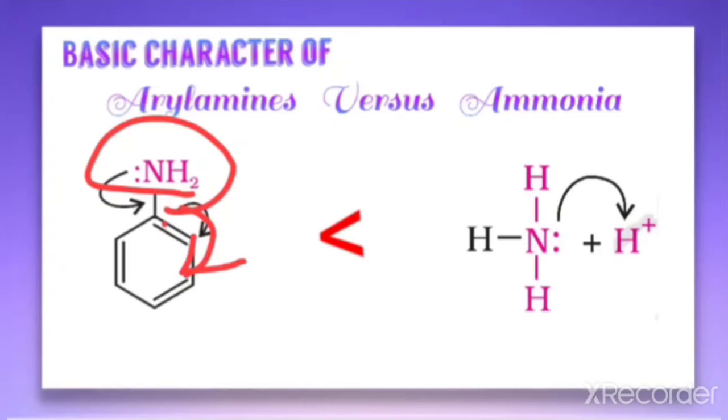That means donation of electrons will not be easier because the electrons are now involved in the resonance. So because of this reason we can say that the presence of C6H5 or any electron withdrawing group reduces the basic character.